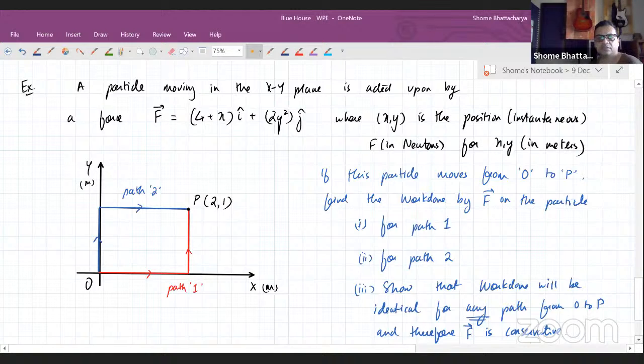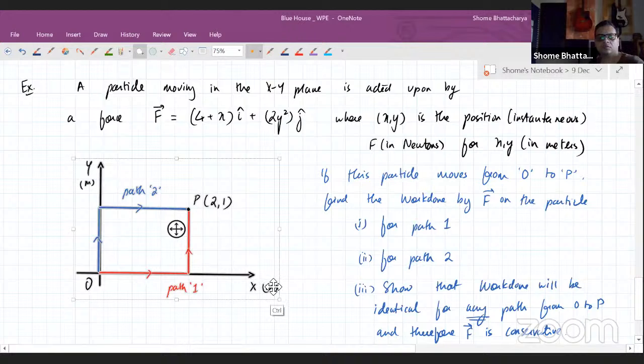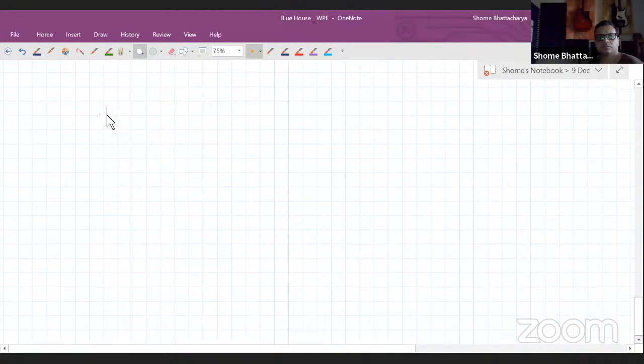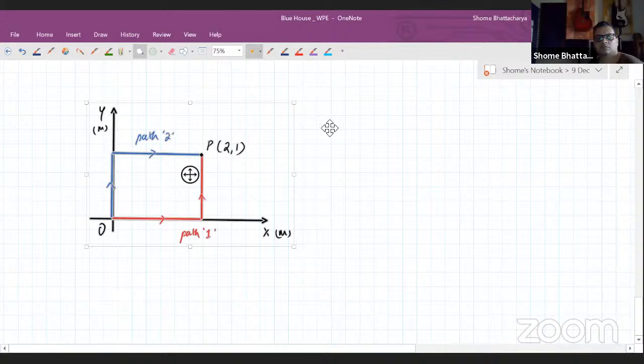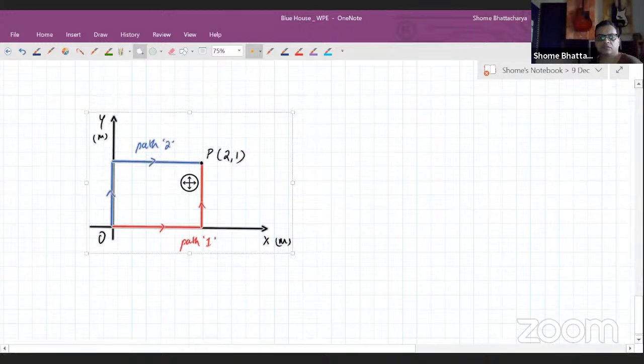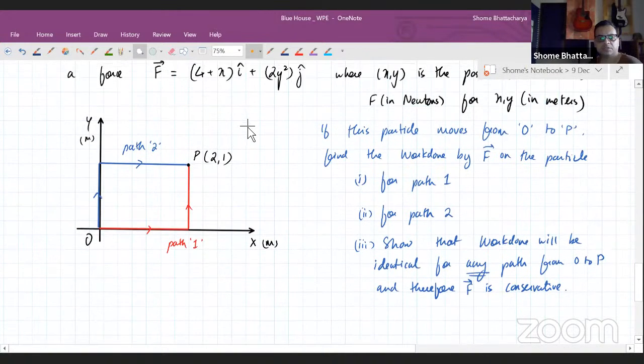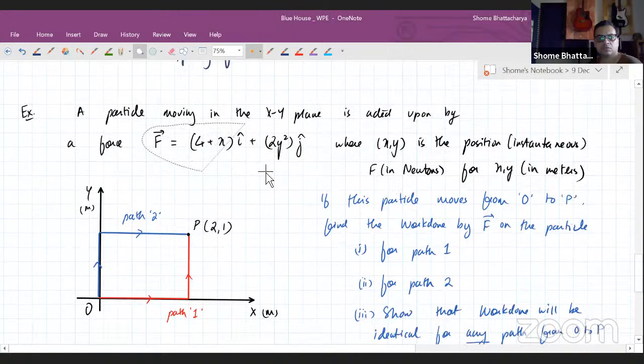Okay, so let us understand how to deal with this kind of situation. This is our diagram and this is the expression for force. So we'll need these two.